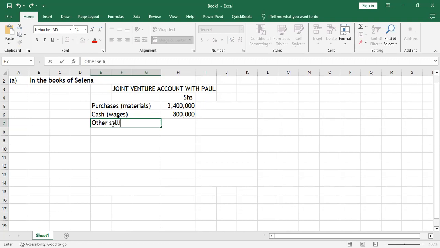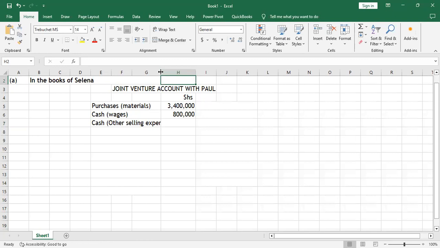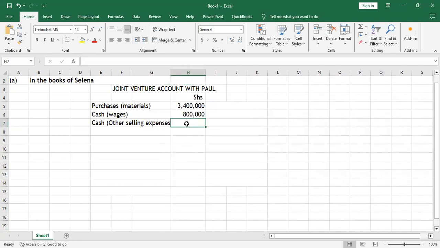This is cash in respect of other selling expenses. How much is that cash? That cash is 238,000.